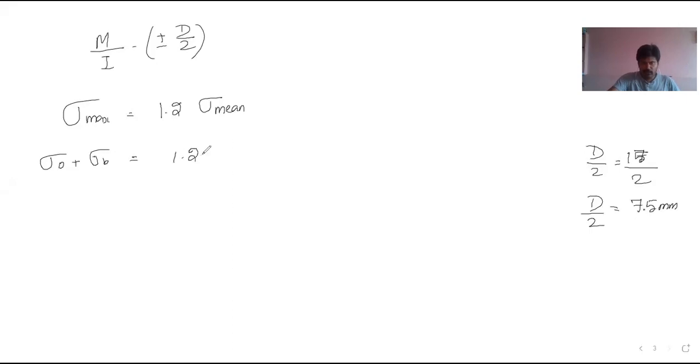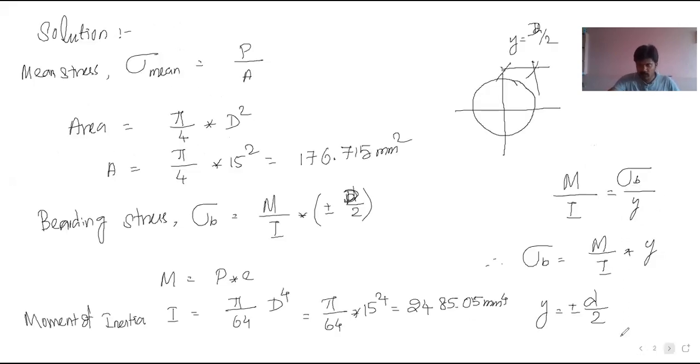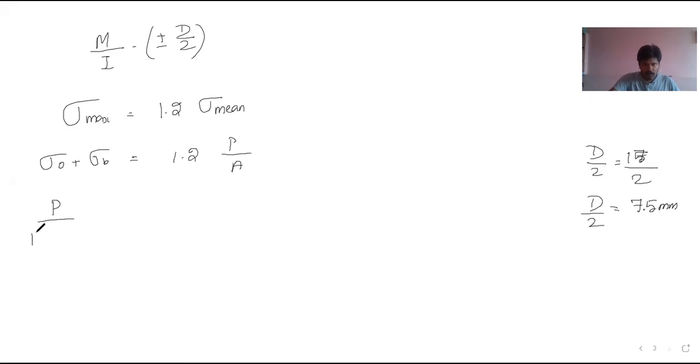So 1.2 sigma mean, where the direct stress is P by A. We have to substitute these values. So sigma naught is equal to P by A, the area being 176.715, plus sigma B is equal to M by I.